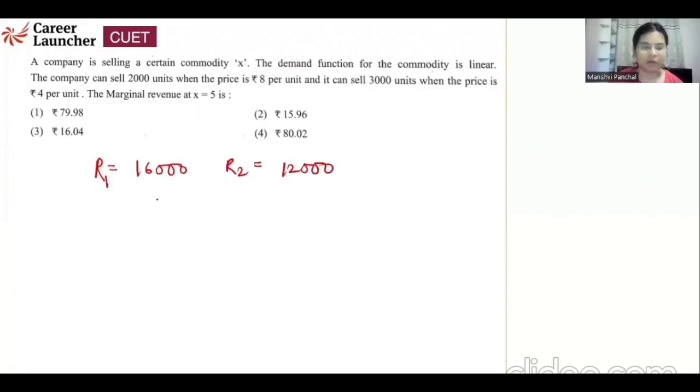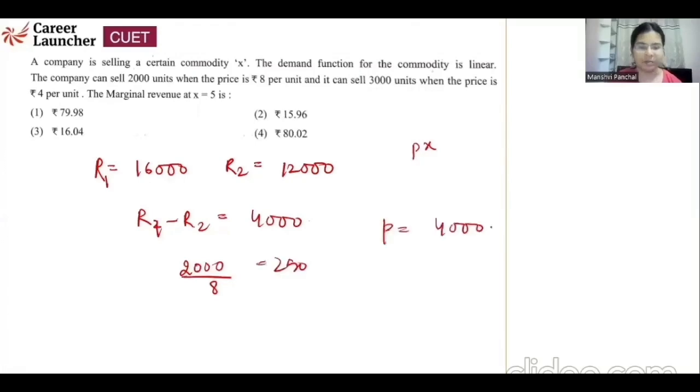Now we have to calculate marginal revenue. So R1 minus R2 will be 4,000. This is Px. Now if I do 2,000 upon 8, then I'm getting 250. So my P will be 4,000 minus 250x, right?